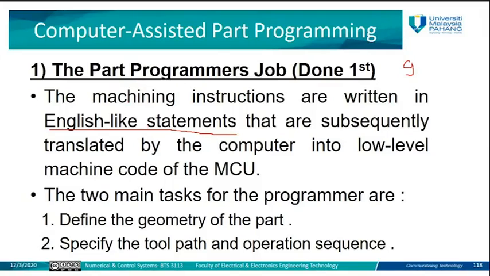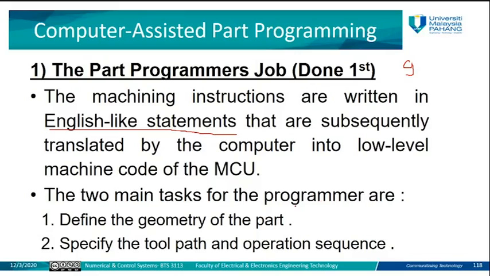The human will define instructions using English statements. These English statements will be fed to the machine, the automatically programmed tool, which will convert them from the high level language into a lower level language that will be understood by the CNC machine.